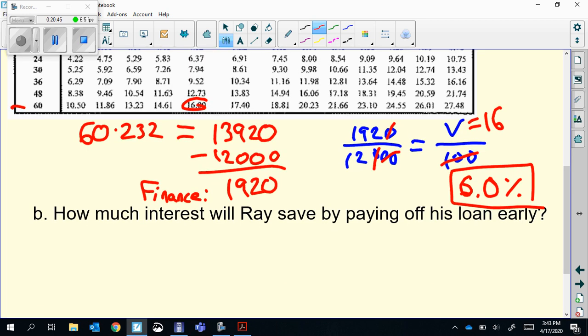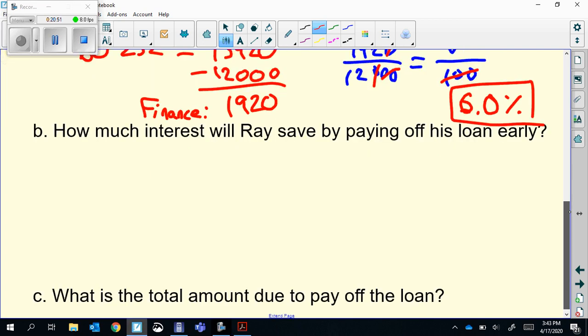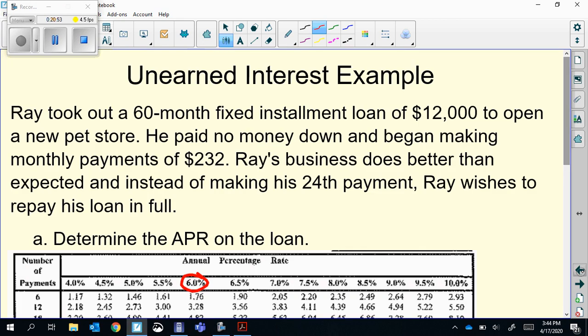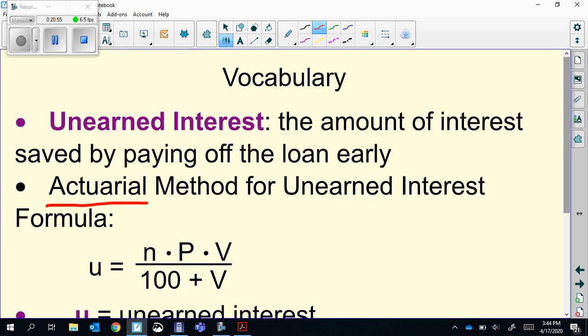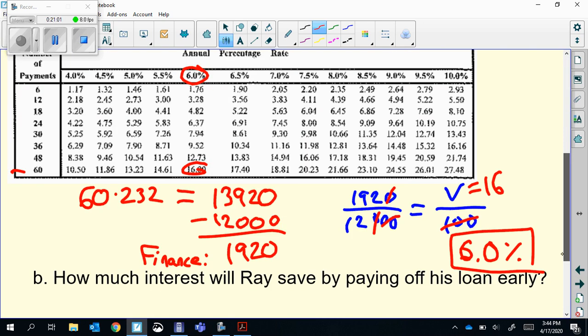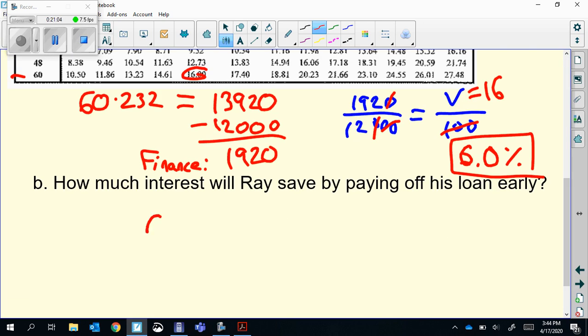How much interest will Ray save by paying off his loan early? So we're going to use that formula from the previous slide. NPV over 100 plus V, and that's going to equal unearned interest.